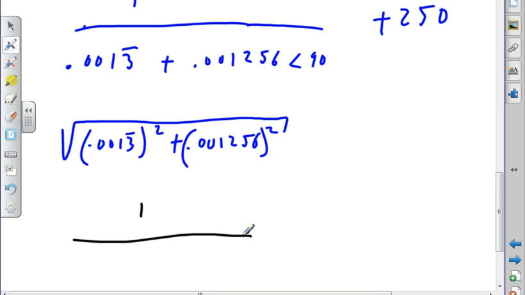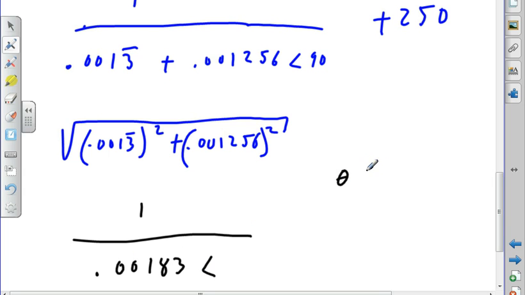All right, so I've got 0.00183. We'll worry about the angle next.